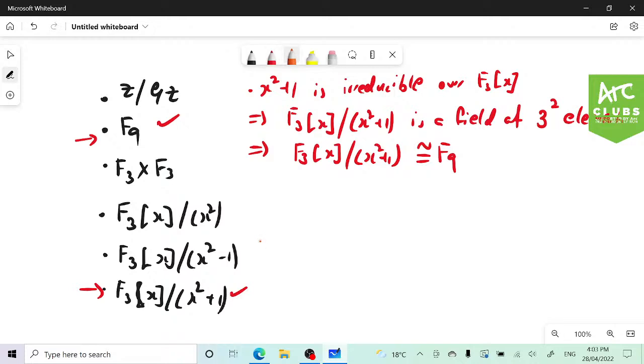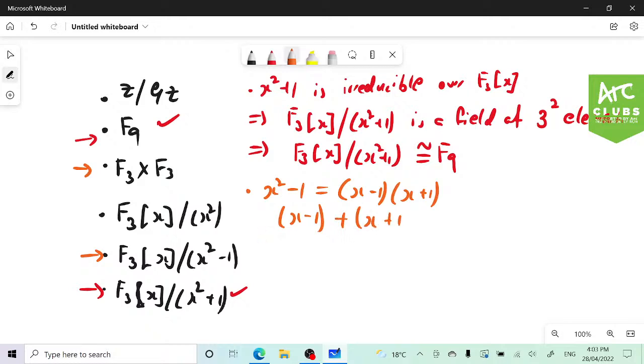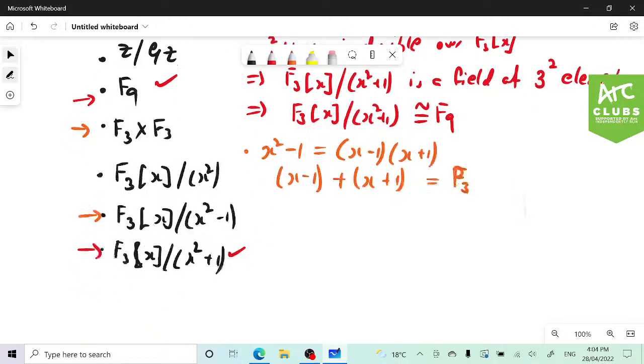Okay, so the second thing we're going to look at is the quotient by x squared minus 1. Notice that x squared minus 1 is the same as x minus 1 times x plus 1. And we can see that the ideal generated by x minus 1 plus the ideal generated by x plus 1 equals the entire ring, so it equals F3.